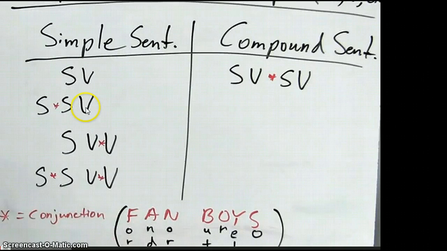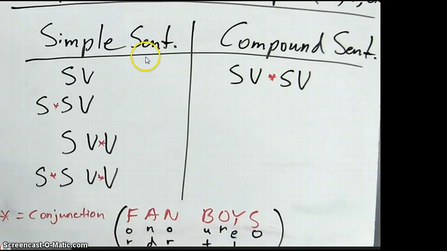Okay, so let's look at the compound sentence side and look at the difference. A compound would be a subject and verb on one side, joined by a comma and conjunction, and then a subject and verb on the other side. So an example compound sentence would be, Johnny eats, comma, but he does not play.